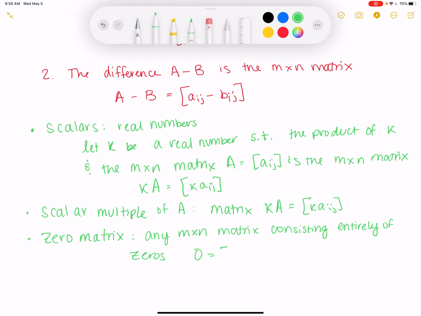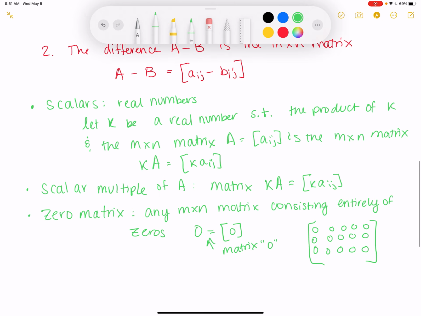So O is equal to the matrix that has zeros in it, and this is officially called matrix O. Okay, so that could be one, or another example could be this, and that is still a zero matrix. It's consisting entirely of zeros.